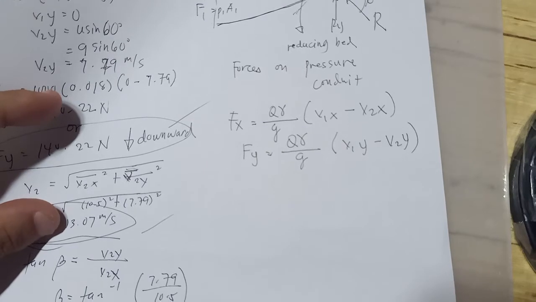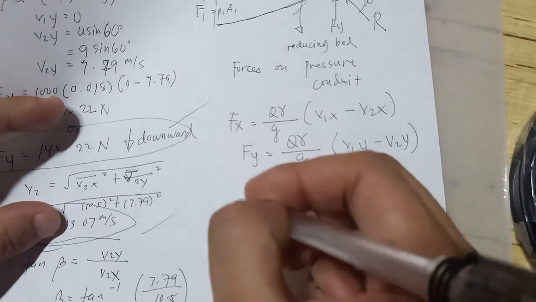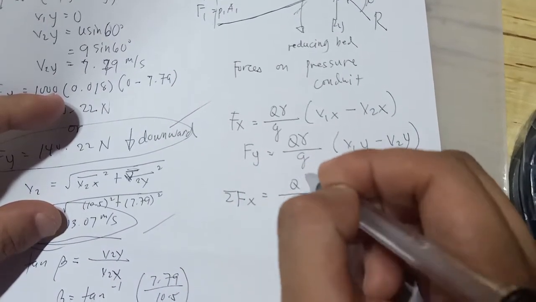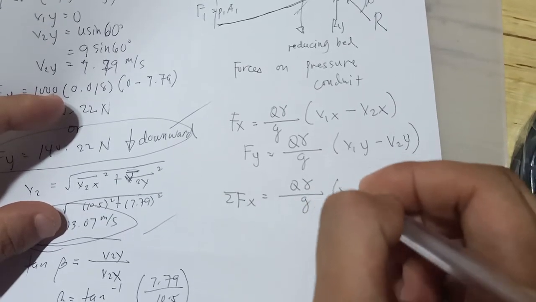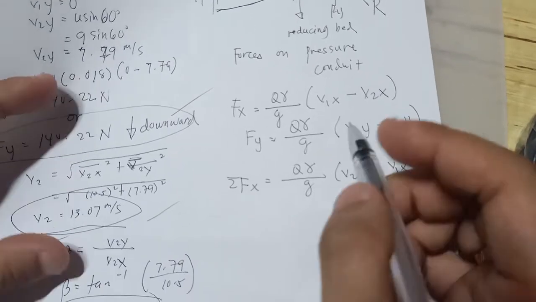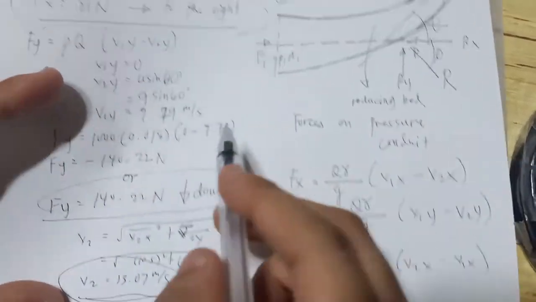The X and Y components of the force reaction on the bend can be computed from the following formulas, which is summation of forces along X, Q gamma over G times V sub 2x minus V sub 1x, wherein F sub 1 minus Rx, diba?